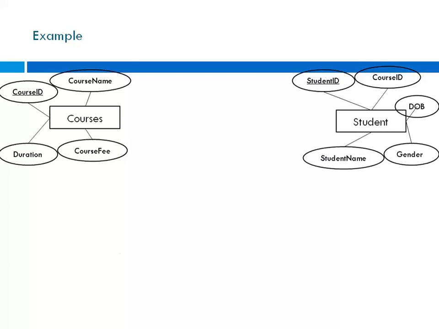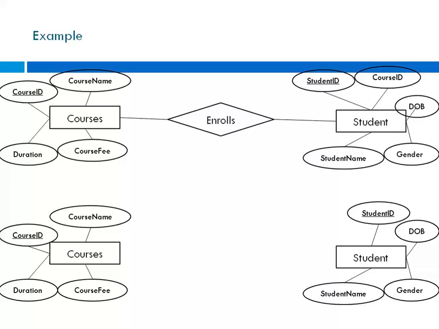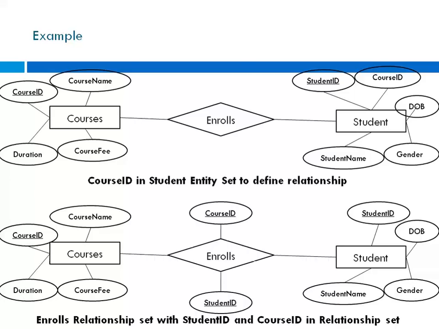Here we have the course entity and student entity. So course and student entities are related such that students are enrolled in the courses or courses enroll students. The attribute which connects the student and courses can be stored along with the entity or it can be stored separately with the relationship set.